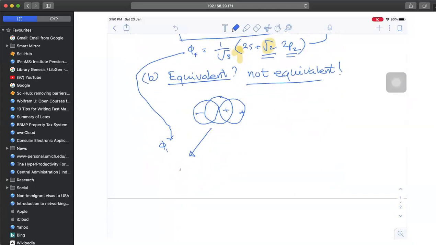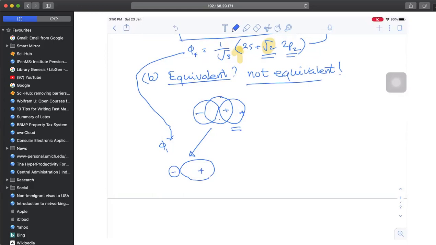So effectively what will happen is that this lobe, see here the 2pz has a positive lobe, and the 2s also is positive. So when you multiply by root 2 and add, the contribution of 2pz will be more and therefore this orbital will look like that. This will be plus and that will be minus.